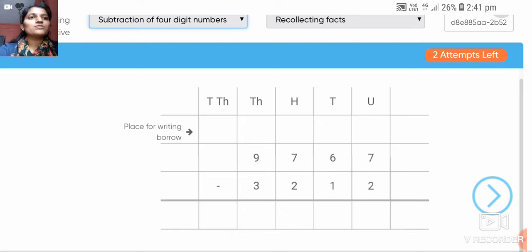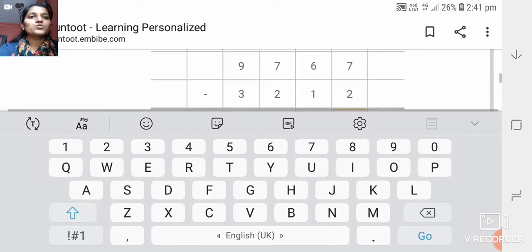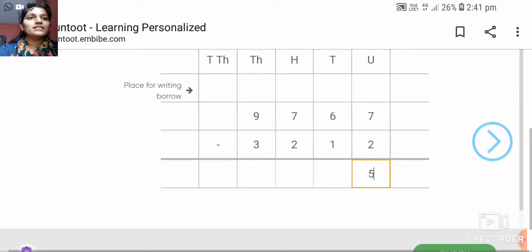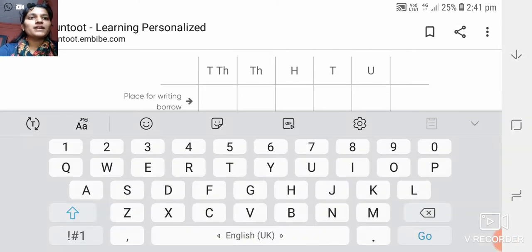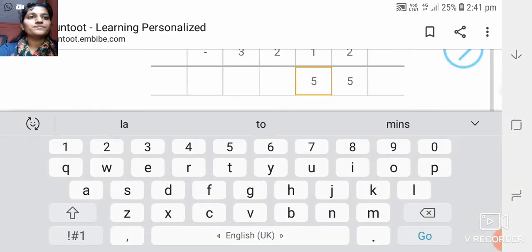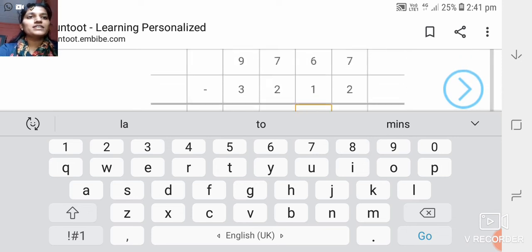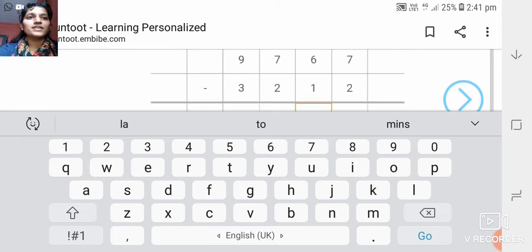Okay, so as we all know, first of all we have to do the subtraction of the ones digit, right? So 7 minus 2 is equal to 5. Then let's subtract the tens digits. So 6 minus 1, 5. Now in the hundreds place there are two digits, that is 7 and 2.